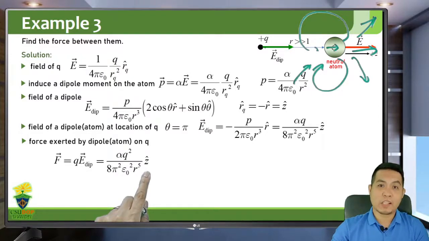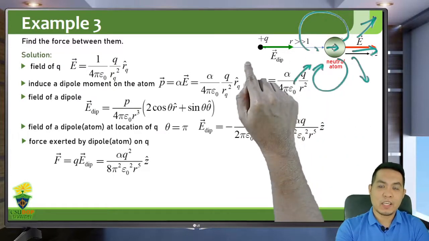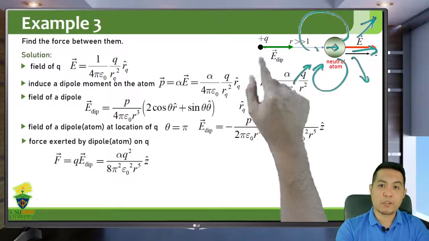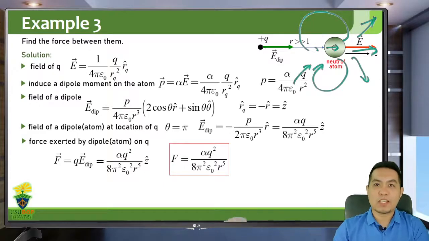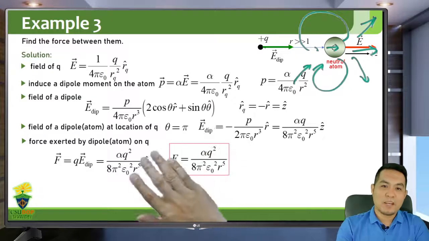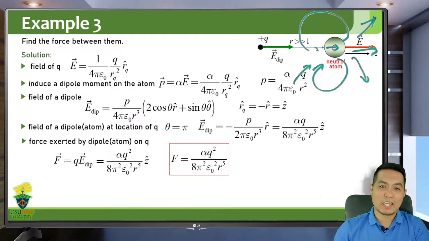The force exerted by the dipole on the point charge is equal in magnitude to the force exerted by the point charge on the dipole, but they are opposite in direction. Since we still haven't discussed the force exerted on a dipole, that is why we are trying to solve the force exerted on the point charge due to the electric field of the dipole.